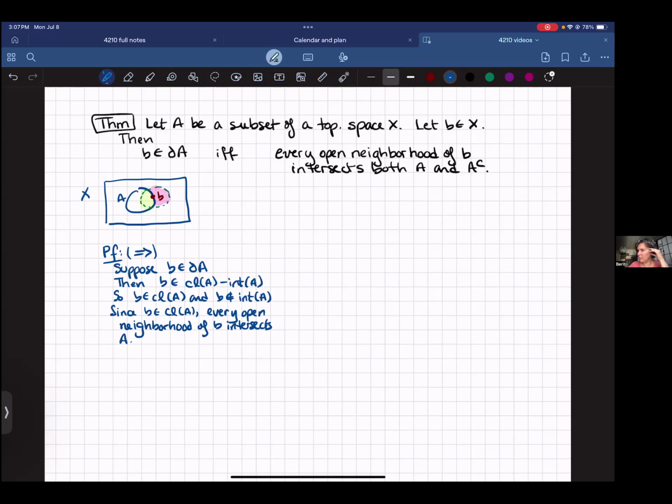We want to prove that every open neighborhood of B intersects both A and A complement. Well, we got the A part now. Now, what about A complement?